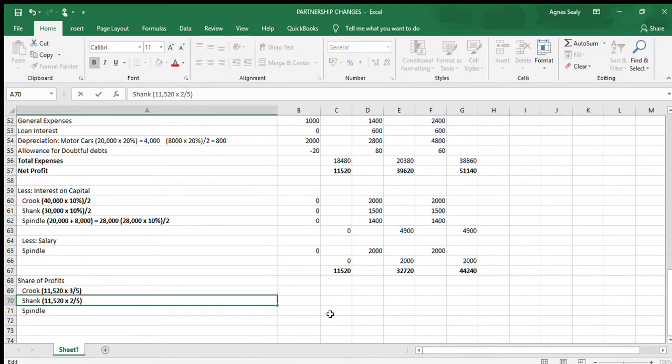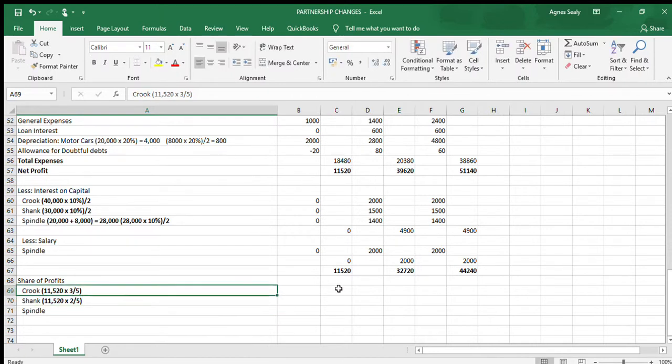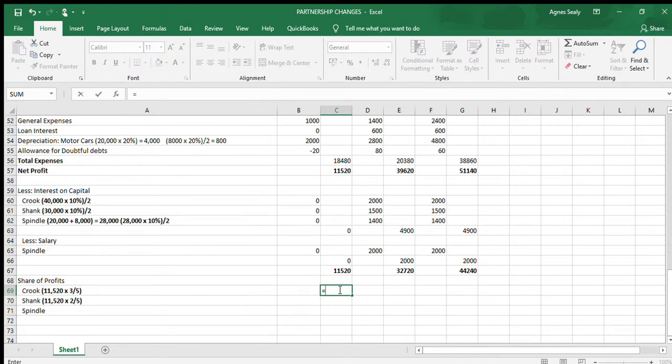So that's for the first period. So Crook is getting $6,912 out of the 11,520, and Shank will receive $4,608.